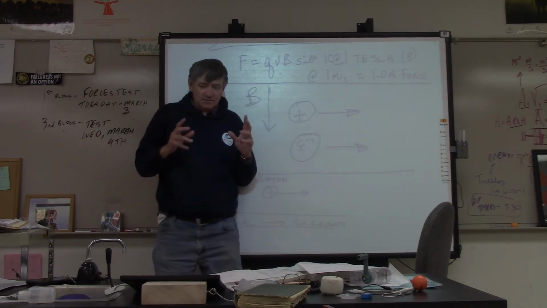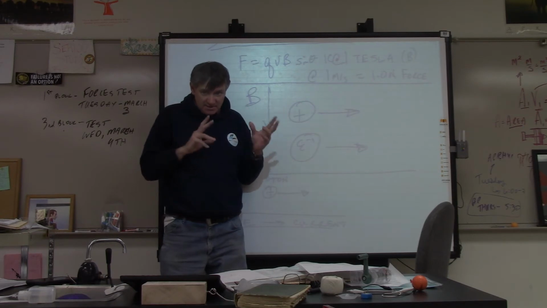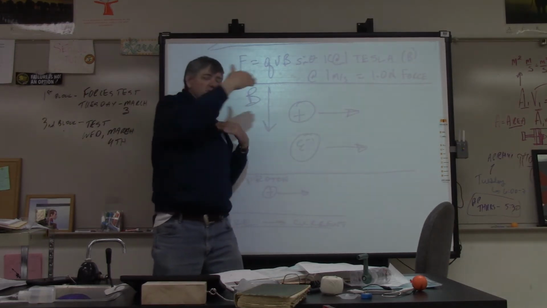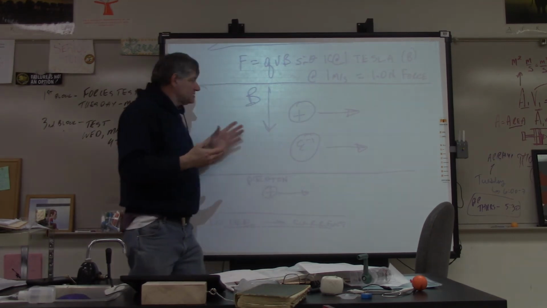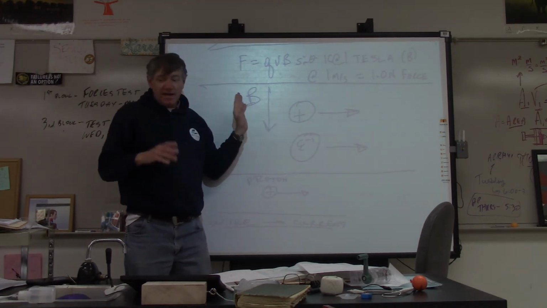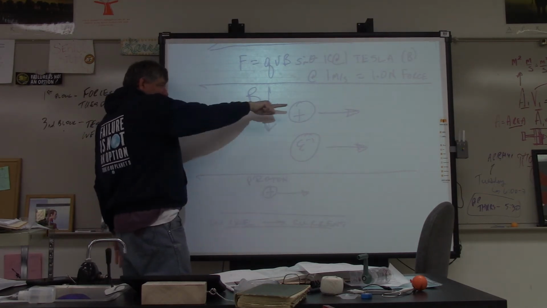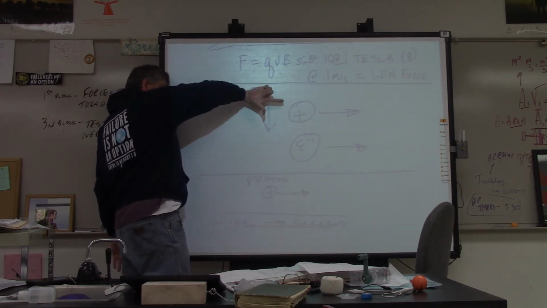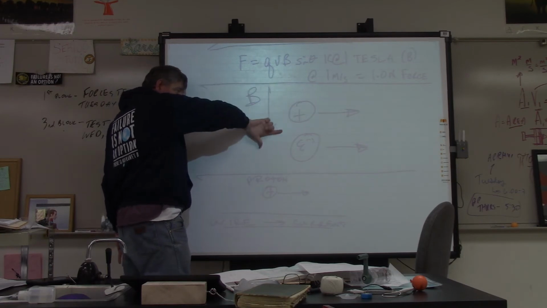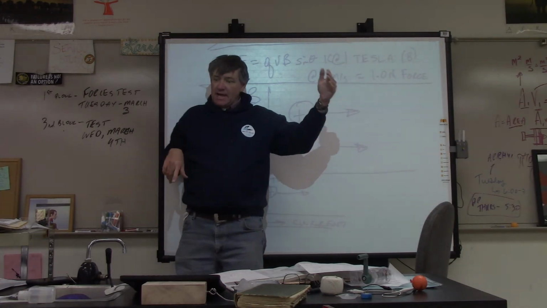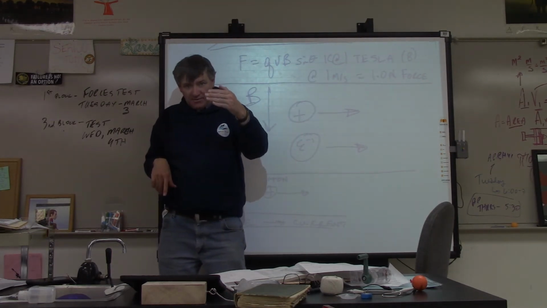Now, when you're answering questions about which direction this thing is going to go, be careful about saying, oh, it's going up or it's going down. So in this situation, if I were to say, what's going to be the direction of the force? The magnetic field is pointing down in the plane of the paper, but the force would be actually coming out of the paper at a right angle like this.